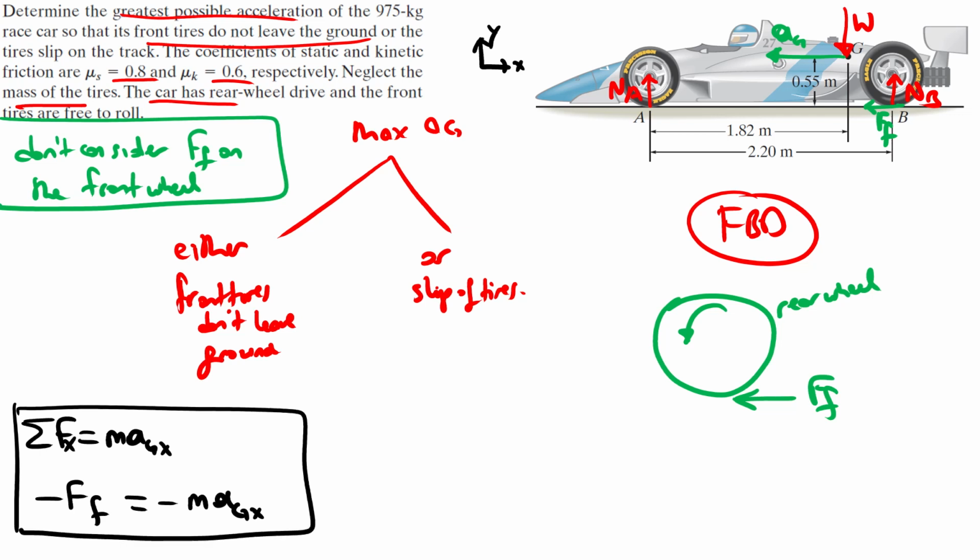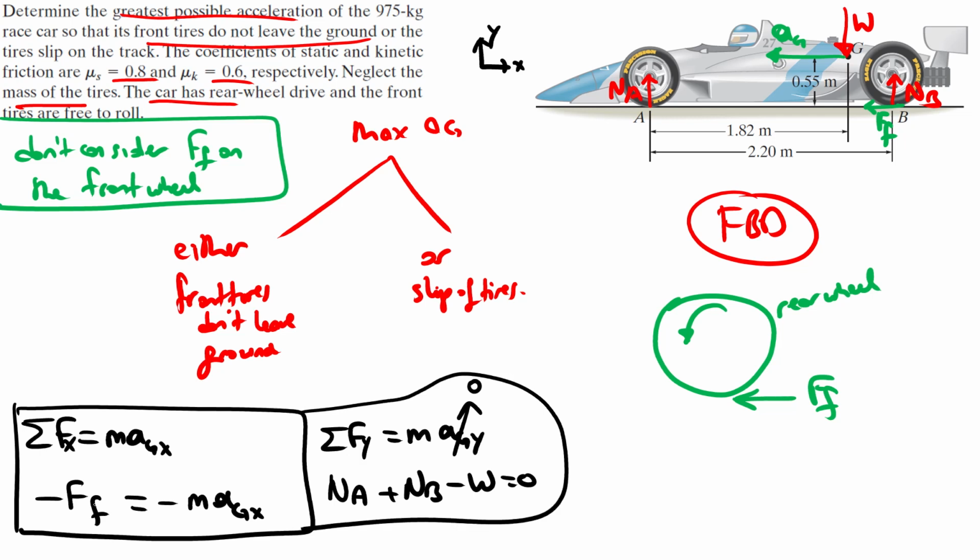The second part is that the sum of F of y is equal to m a g y, and there is no acceleration in the y direction, that's 0. So we have N of A, which is positive, N of B, which is positive, and then minus W, which is negative, that's equal to 0.